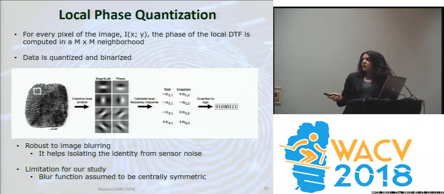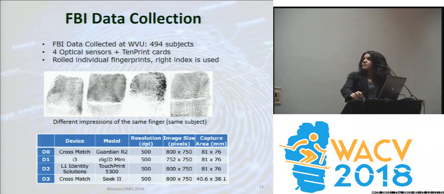We are, of course, studying more about this aspect, and one limitation may be due to the assumption that this descriptor is related to the blur function, which is assumed to be centrally symmetric, which may not be the best for nonlinear variations induced by sensors.